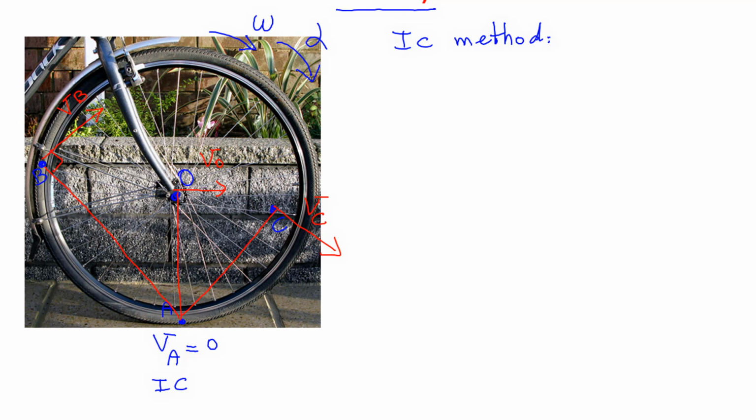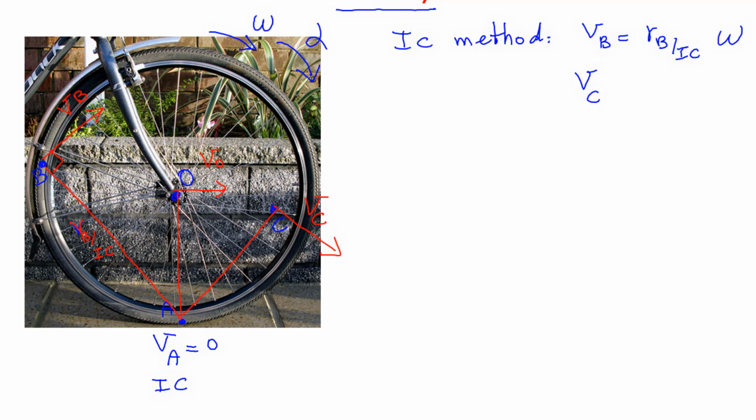How can we find the magnitude of these velocities? VB is equal to this length, which is RB/IC, times the omega.